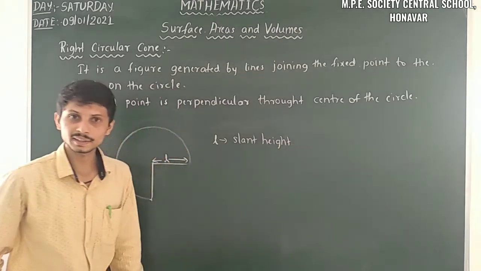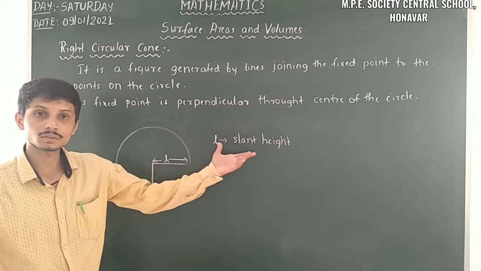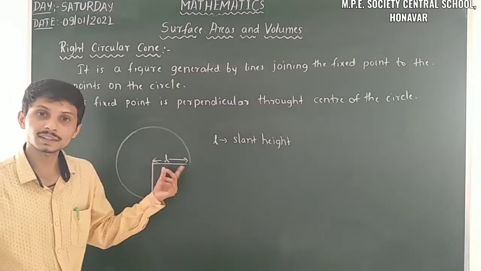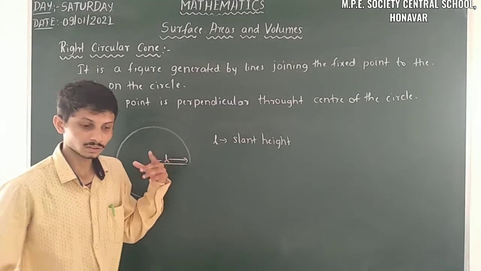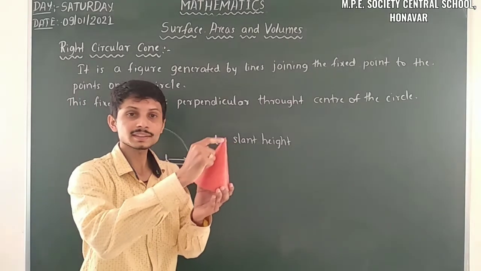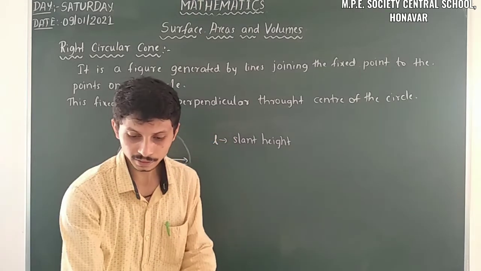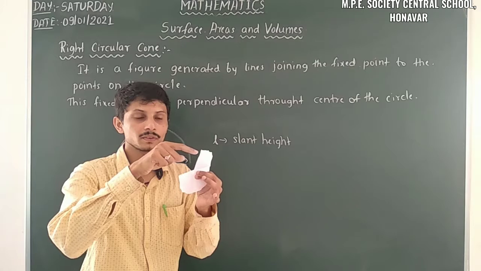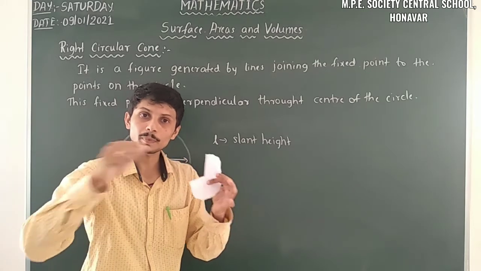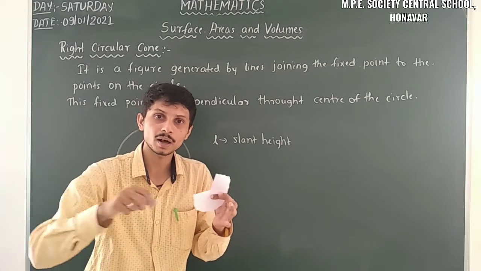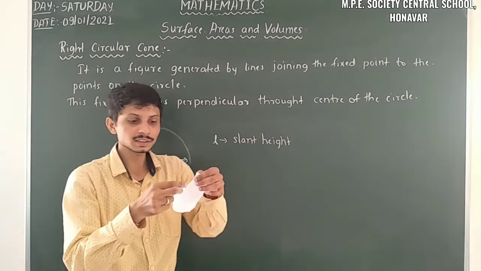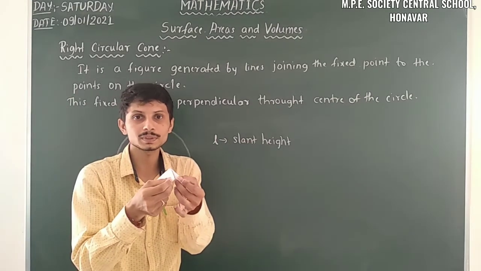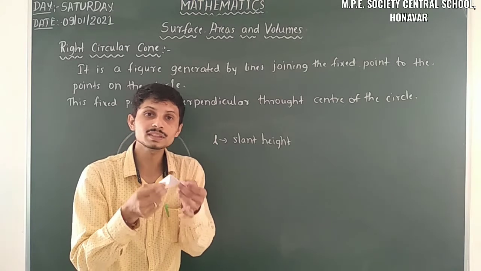L is the slant height here. So for this circle it's a radius, and here this is a slant height. Initially it is in the form of a circle. When we separated 1/4 of this part and joined these two radii of this circle, only then it forms a cone.